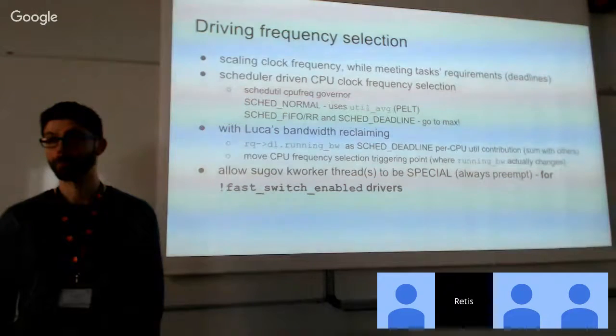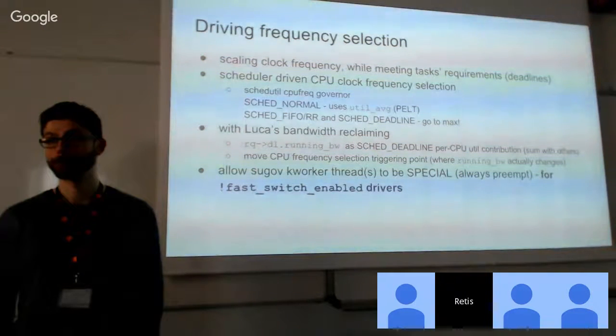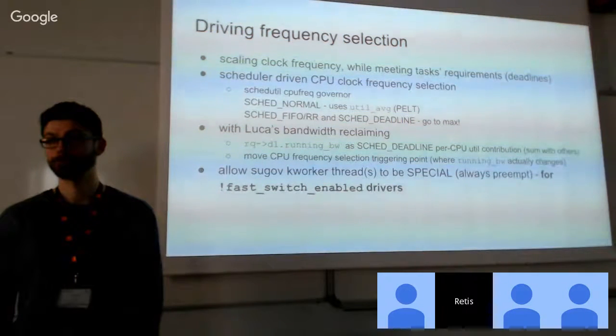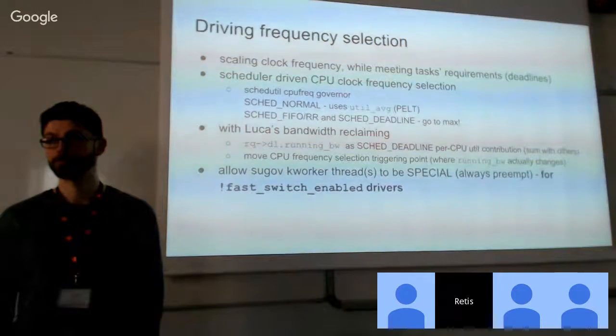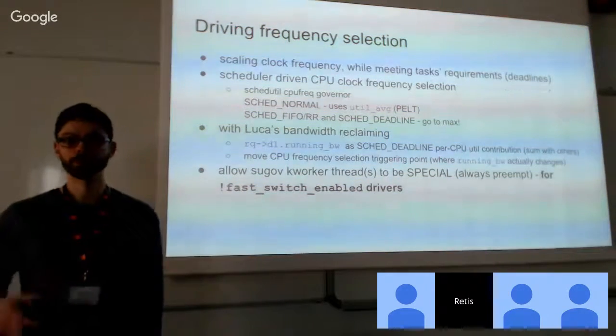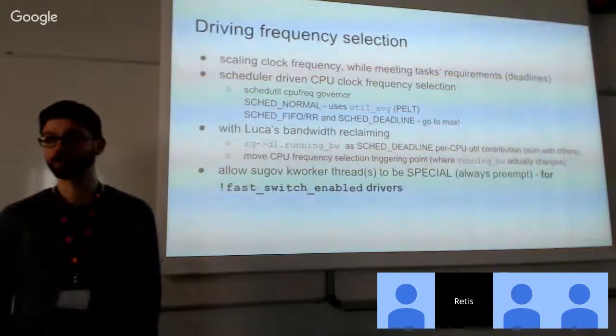If there's a 1 millisecond delay to increase the frequency again, and you have a task with, say, a 10 millisecond reservation, you can't guarantee it. Yeah, that's another problem. I guess it's what Thomas was also saying before.